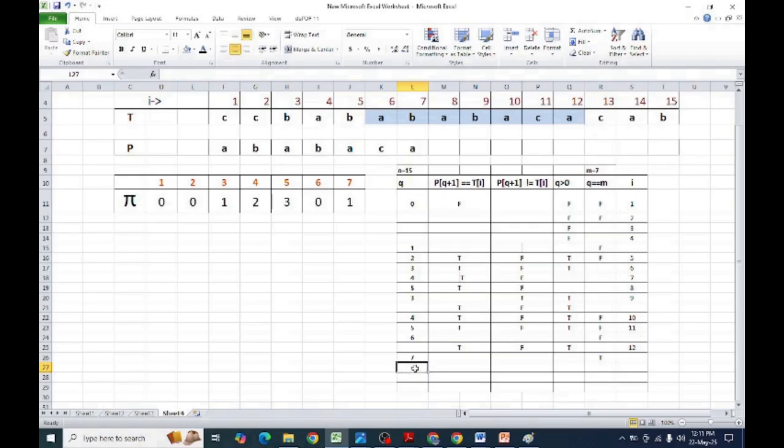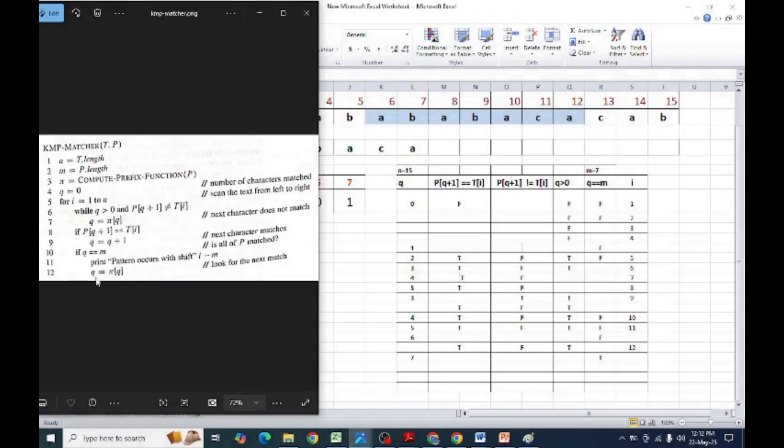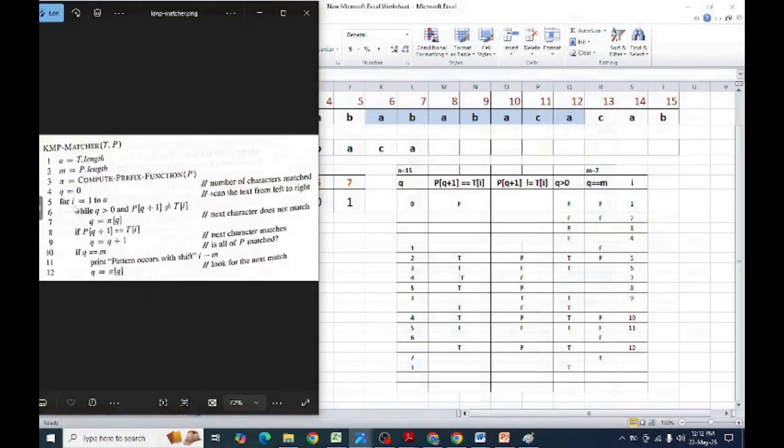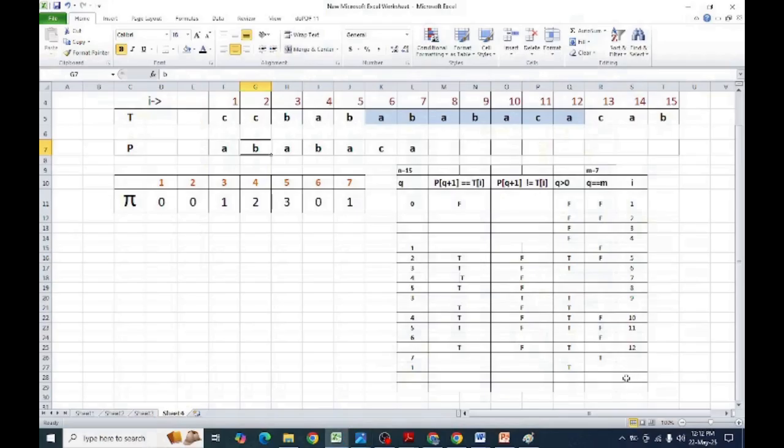After printing that, the last if statement worked, and in that q is updating. Q is equal to pi of q, that is pi of 7 is 1. We will be taking the next value of I. I will be 13. T of 13 is C, and P of q is 1, P of 2, this one.